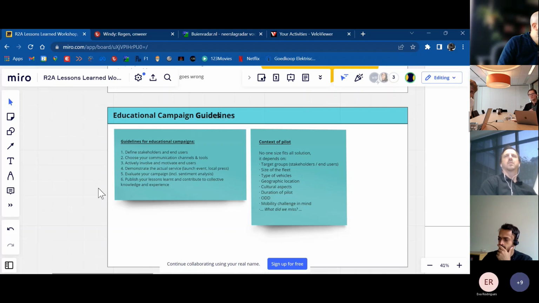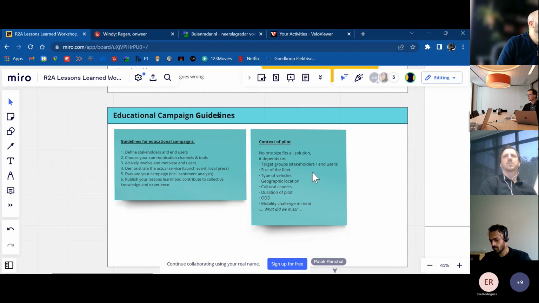So if I jump to the conclusions part first, the context is relevant. So it depends on the actual target group, the size of the fleet, the type of the vehicles that you use, the actual location, the cultural aspects, the duration of the pilot, the operational design domain, and the mobility challenge in mind.